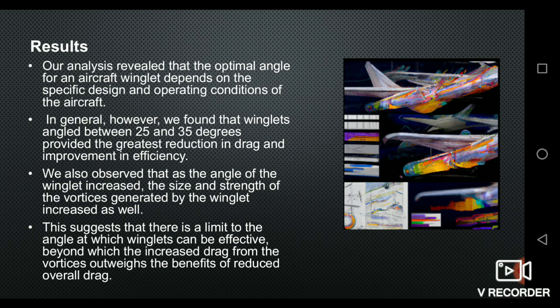Next, in general, I found that winglet angles between 25 and 35 degrees provide the greatest reduction in drag and improvement in efficiency. So for an ideal condition, irrespective of design, an angle of winglets ranging between 25 and 35 degrees is ideal to achieve maximum efficiency.